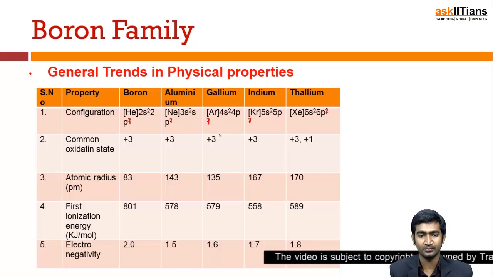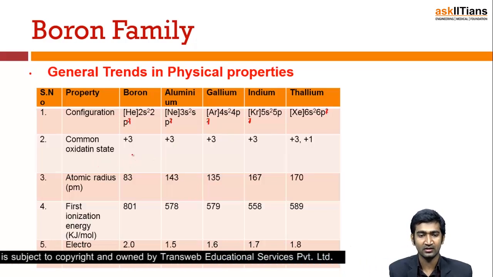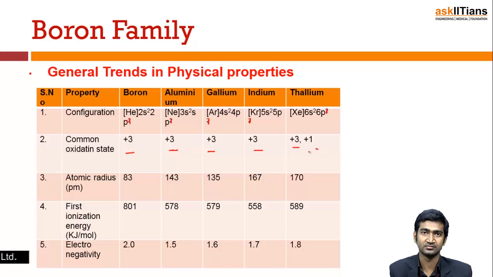They all are p1. And the common oxidation state for this will be +3, +3, +3, +3 and +1. So these show variable oxidation state. But as this is the first group, only thallium is showing variable, the others are kind of the same, +3.